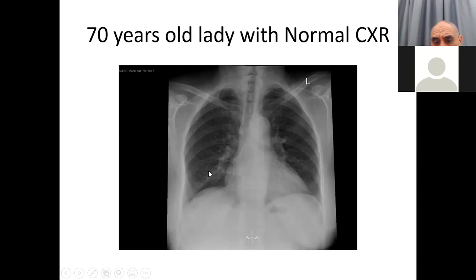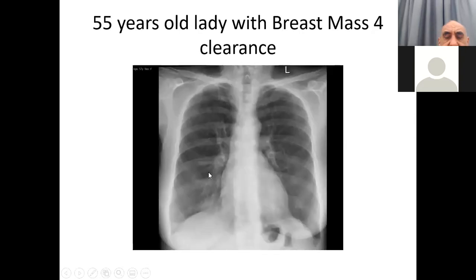And this is another normal chest X-ray of a 55-year-old lady who was referred to us in cardiology for cardiac clearance, and her chest X-ray is also considered to be within normal limits.